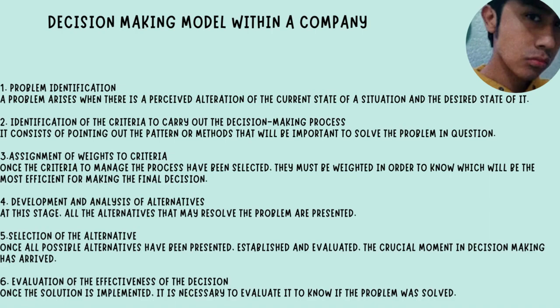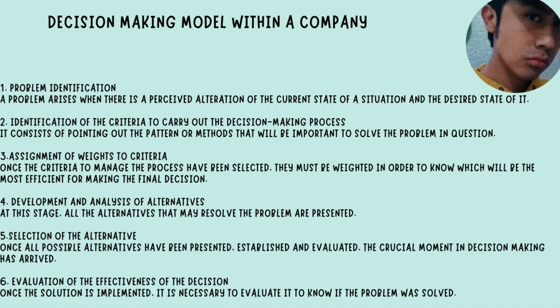Point 2. Identification of the criteria to carry out the decision-making process. It consists of pointing out the patterns or methods that will be important to solve the problem in question.